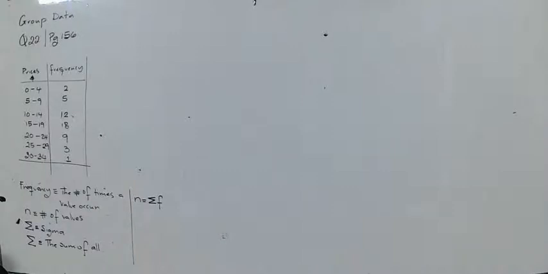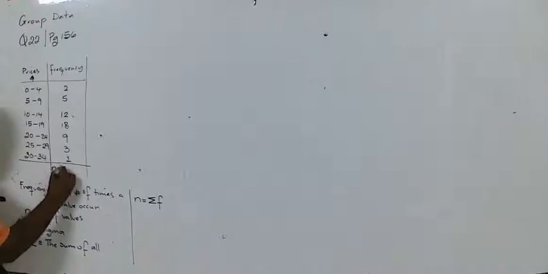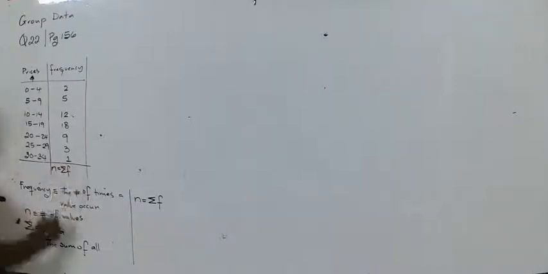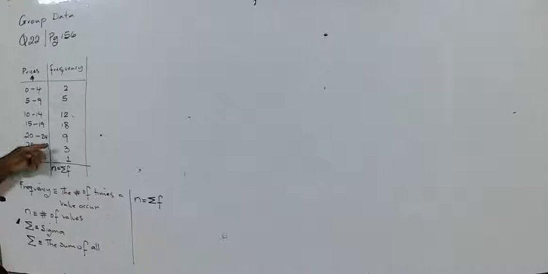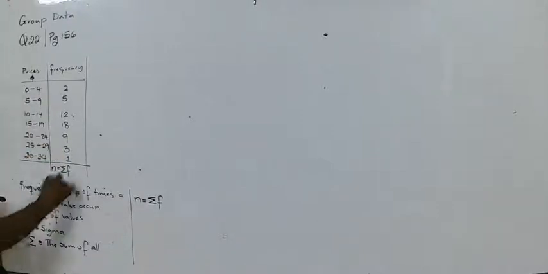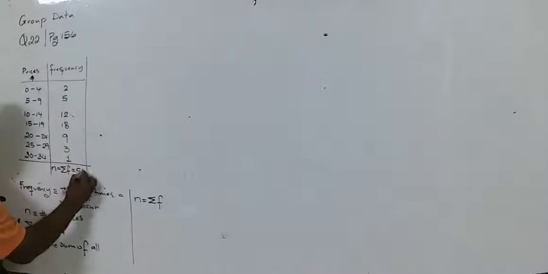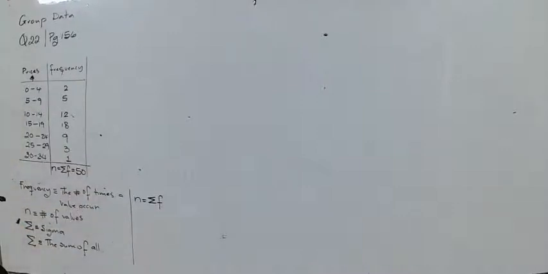N, which is the number of values, is the sum of the frequency. If you add them up, 30 plus 10 is 40, 7 and 3 is another 10, so this is 50. So N is equal to the sum of the frequency.